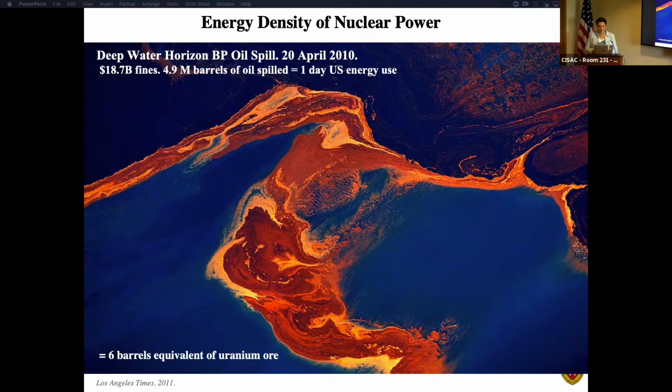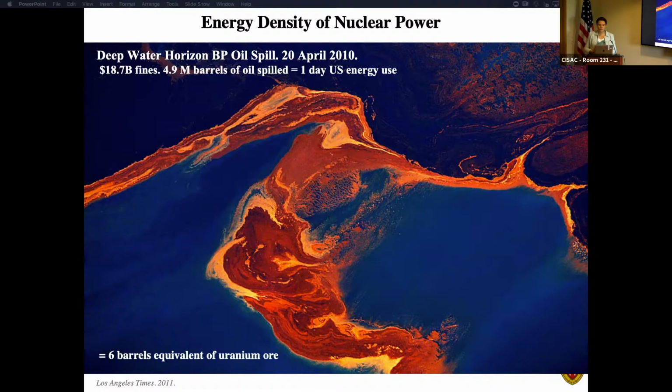If we think about the energy density of nuclear power, we could compare it in terms of scale to the BP oil spill that happened in 2010 in the Gulf of Mexico. About 5 million barrels of oil spilled, which is equivalent to only 1 day of US energy usage.